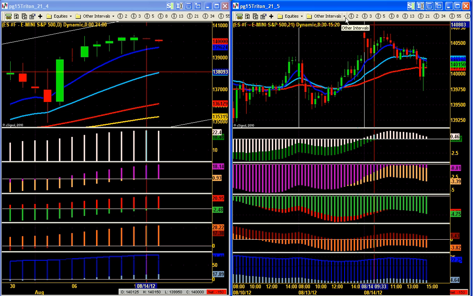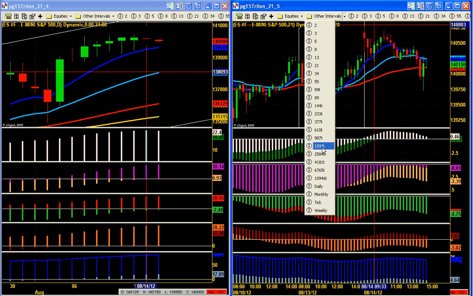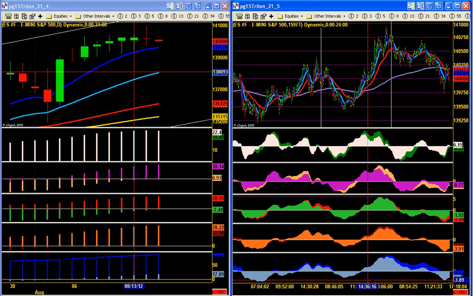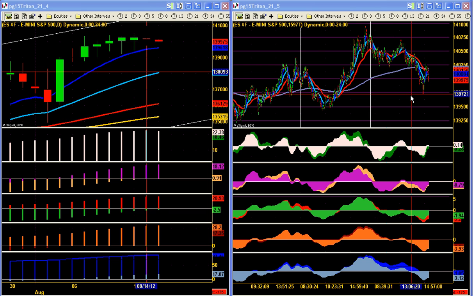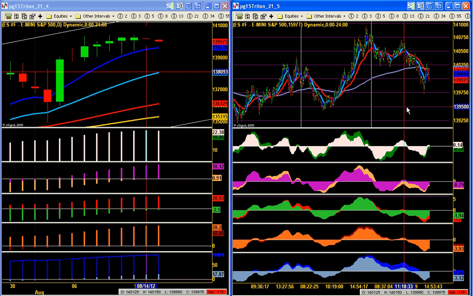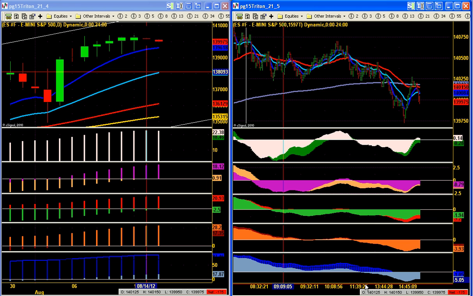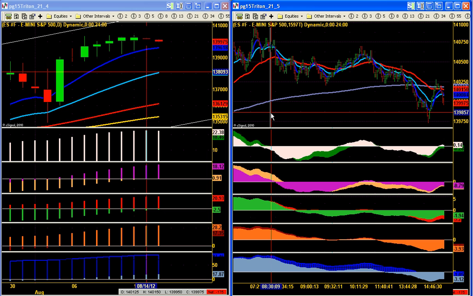So let's take a look at a 1597 chart here. If you're a day trader on the ES, there's two ways to play this. You can either use the longer term waves. This is again the beginning of the day at 8:30. This is assuming that you're not overnight.